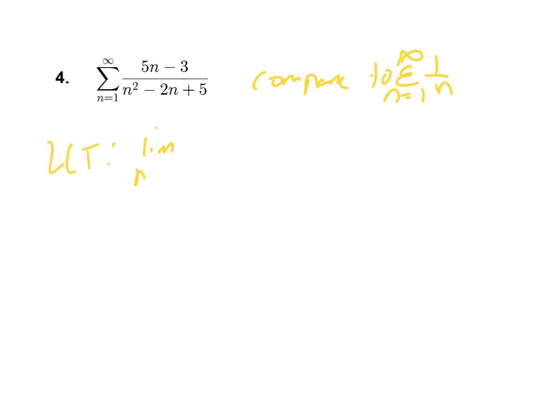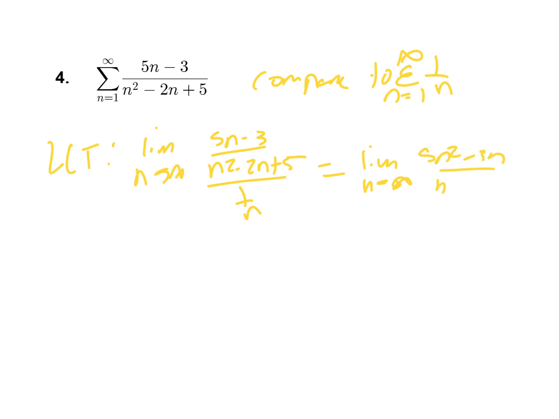The limit as n goes to infinity of 5n minus 3 over n squared minus 2n plus 5, the one that we are given, over 1 over n, the one that we are choosing to use, equals the limit as n goes to infinity of 5n squared minus 3n over n squared minus 2n plus 5.